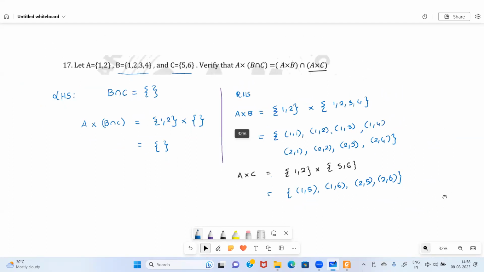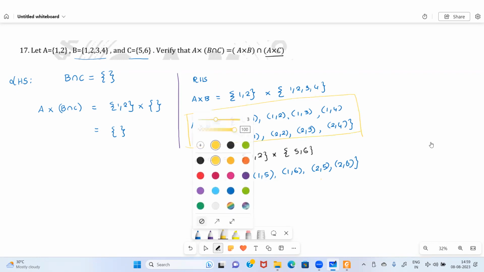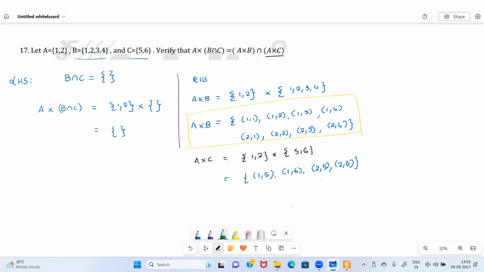Now let's compare the two sets, students. We will have to compare the set A cross B and the set A cross C. Do you see any common element between them? Nothing, right?